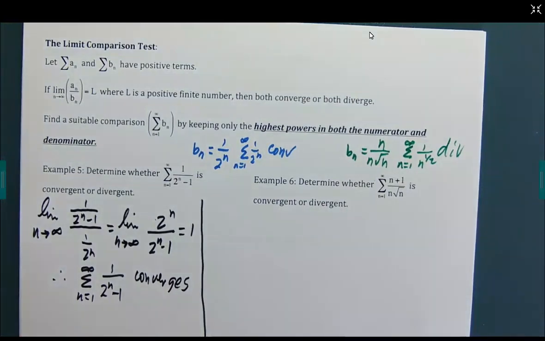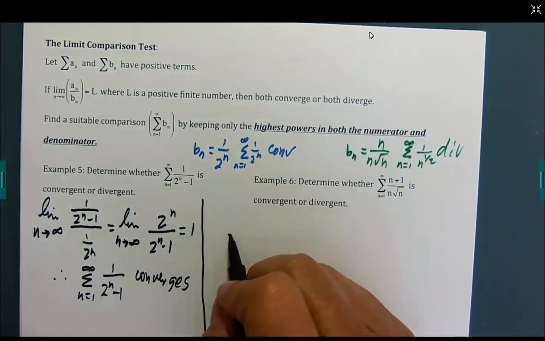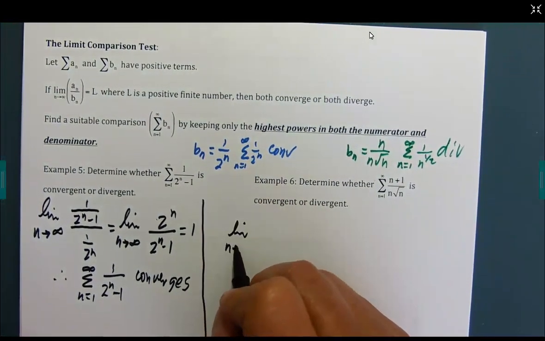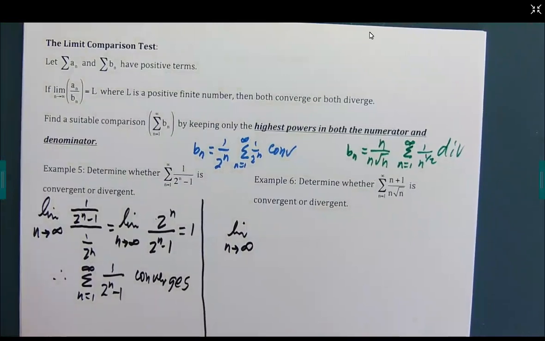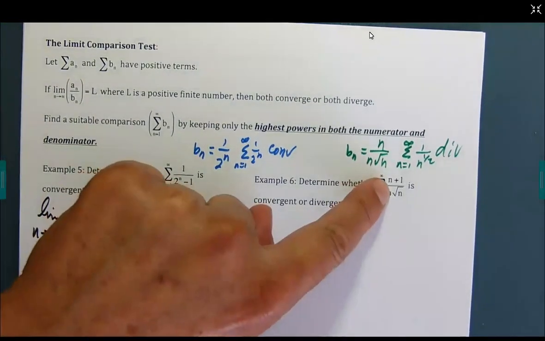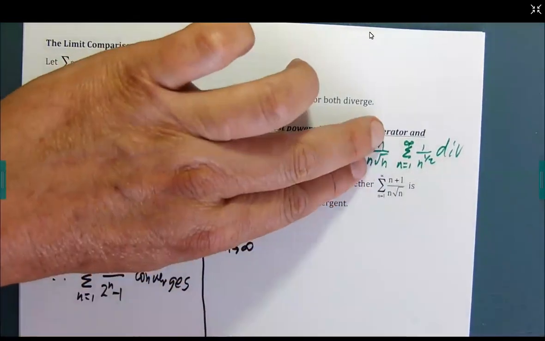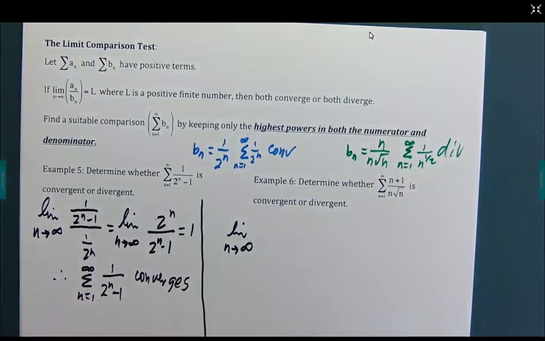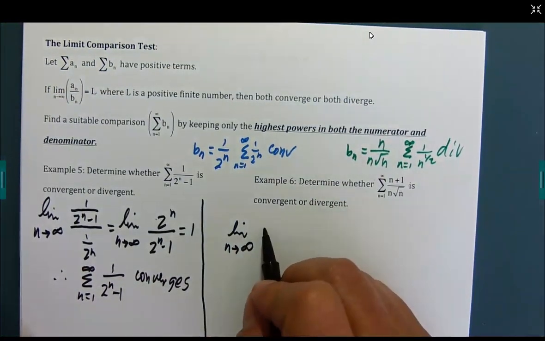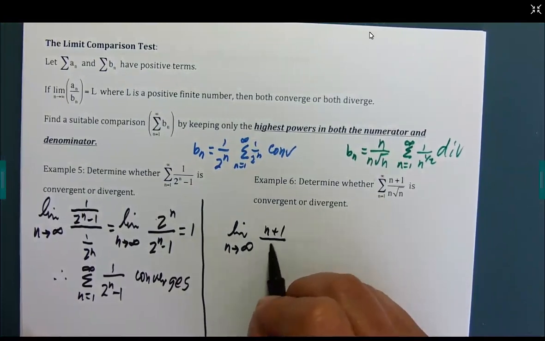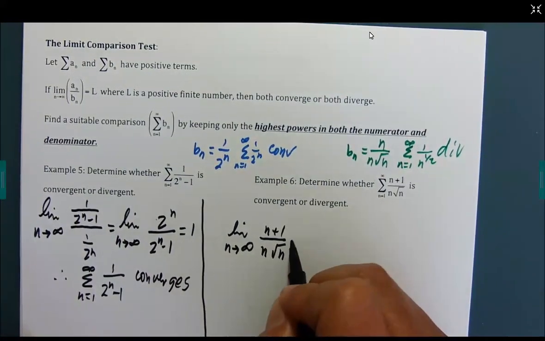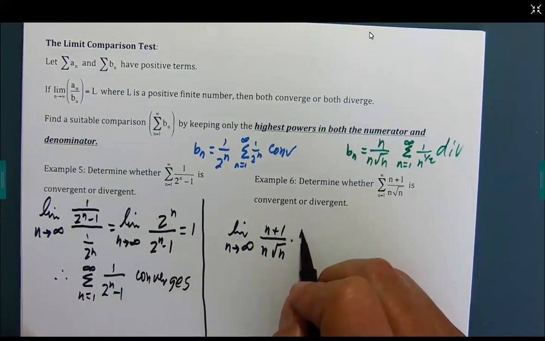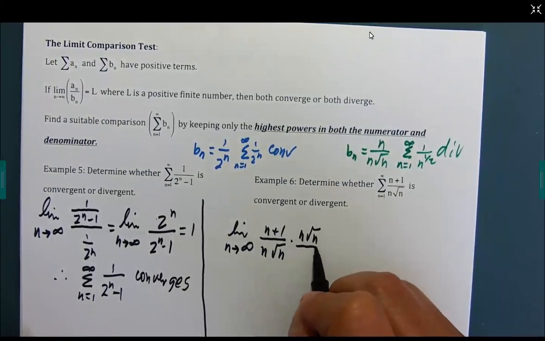But as I write this out, right off the bat, I'm going to do this. I'm not going to write that divided by that. I'm just going to take the reciprocal of that. That's going to make it a whole lot easier. So we have n plus 1 over n root n times n root n over n.